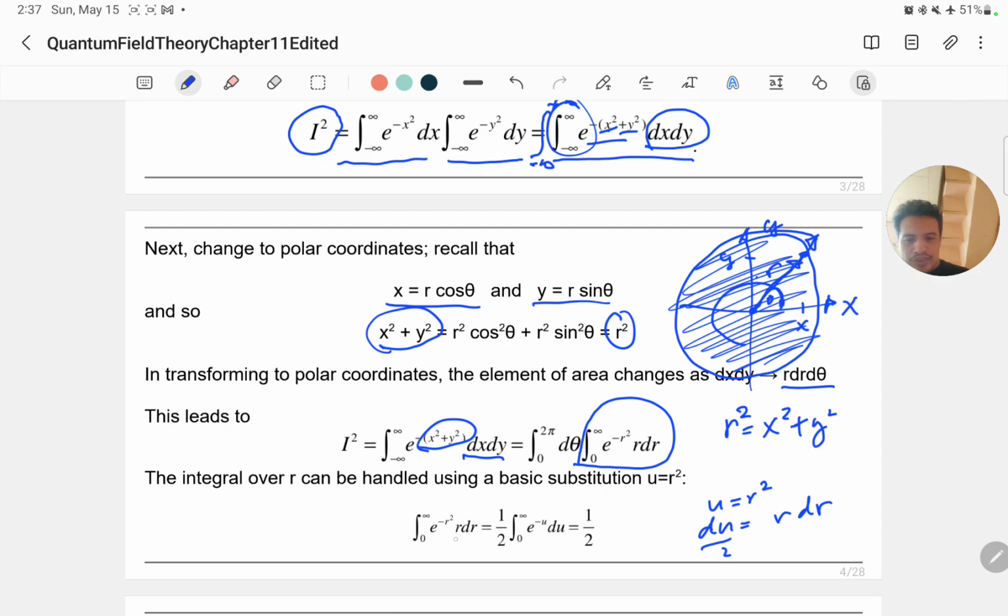So you replace this with du over 2, and then you replace this one with e to the negative u, and then you integrate it, and this is just the same function, negative of this function, and so you'll be able to get 1/2.